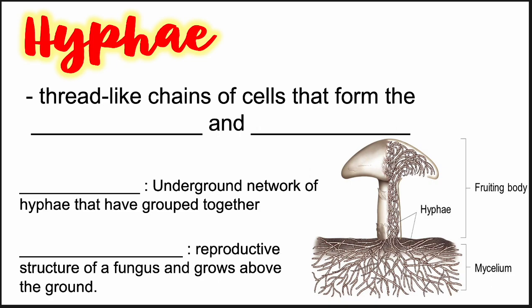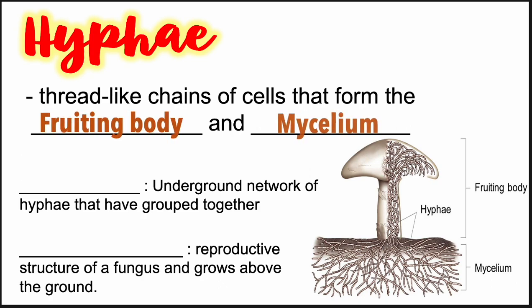So hyphae are thread-like chains of cells that form the fruiting body and the mycelium. The underground network of hyphae that have grouped together, what is it again? That is the mycelium.